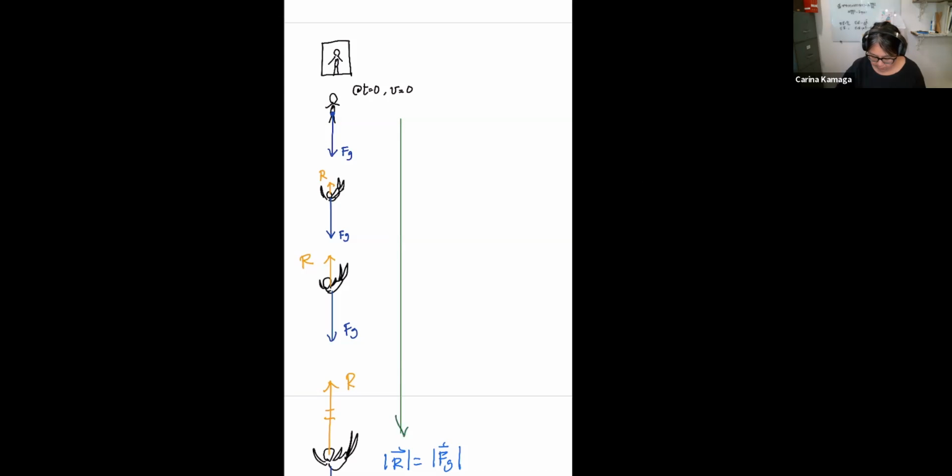So from the very beginning until it reaches the terminal speed, all the way, this person's speed is increasing. It's going faster and faster. Acceleration during this time is less than g, right? It's not as big as free fall.